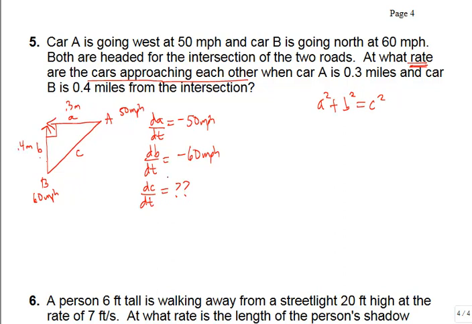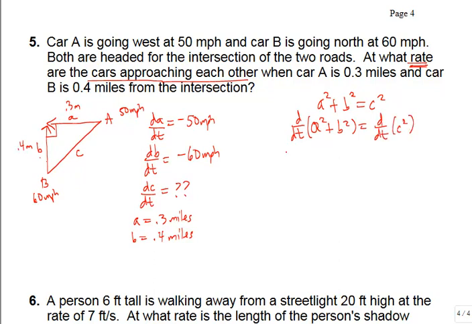And we want to know all of these things when this distance a is 0.3 miles, so little a needs to be 0.3, and when the distance b is 0.4 miles, so little b needs to be 0.4. So here's all the things we're told in the problem. Here's our equation that's relating all of those variables. Now we need to get some derivatives involved. So we're going to jump right in and take the derivative with respect to time of the left side and the right side.